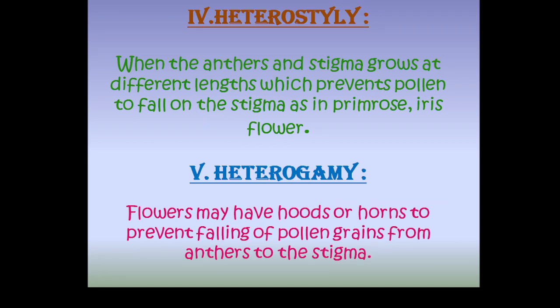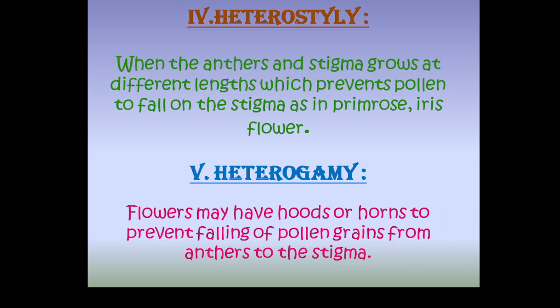In heterostyly, the lengths of anthers and stigma differ. In heterogamy, they have parts which will not allow the pollen grains to fall on the stigma of the same flower.